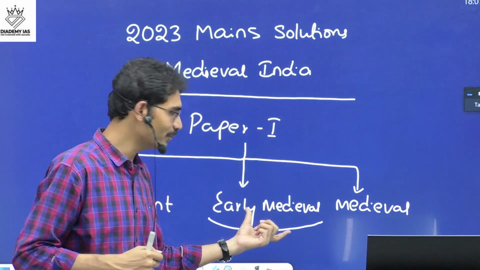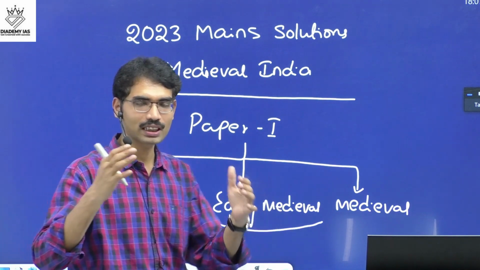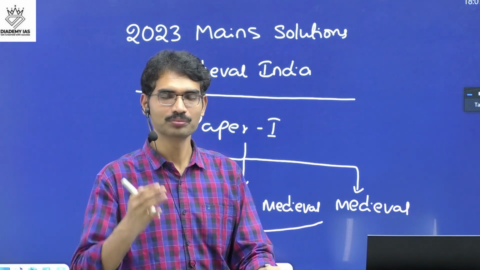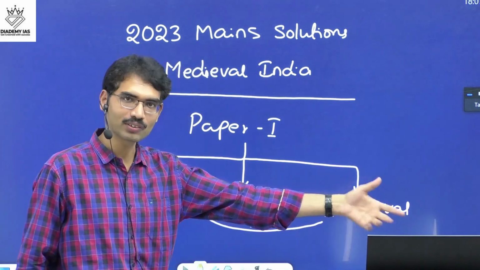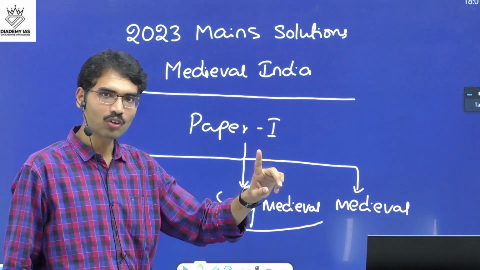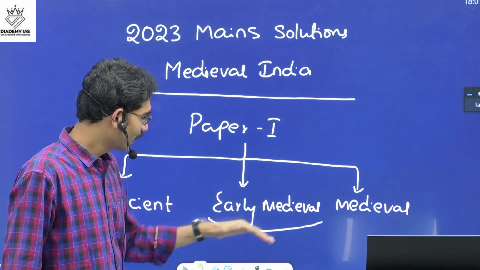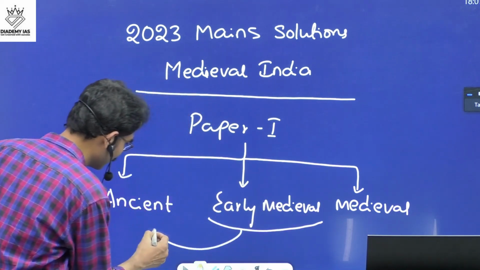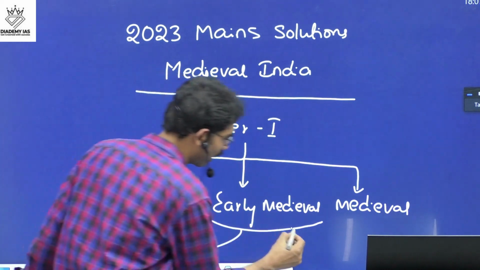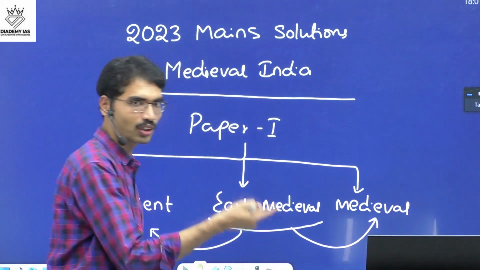But when it comes to early medieval, you don't have such a centralized authority. Many political segments are there. That is complicating further. One more complication is that these early medieval questions will not directly fall under either here or here. This is what we are going to see.